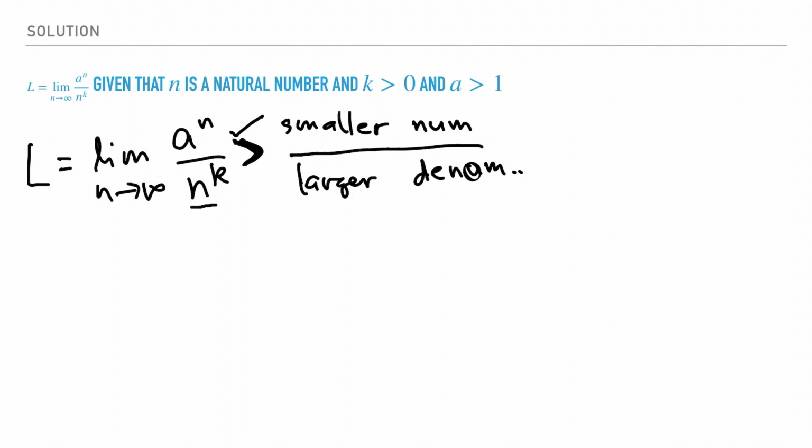The denominator is an easy task because n to the k here is a real number greater than 0, any positive real number.